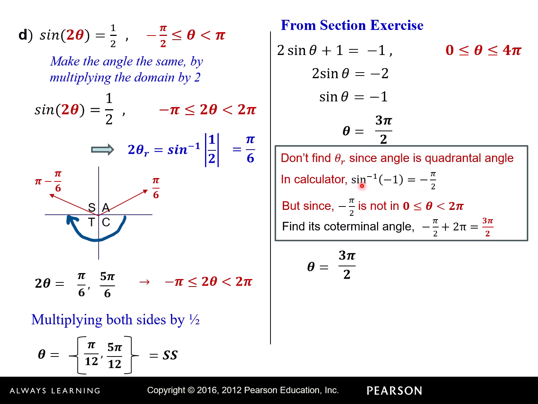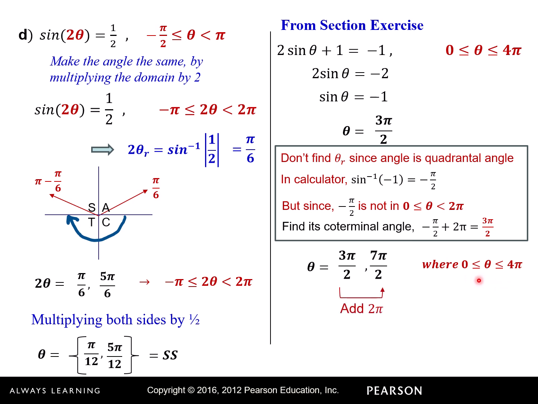And take note, this 3 pi over 2 is only the angle solution from 0 to 2 pi, meaning only in one revolution. So for the second revolution, you will add 2 pi again for the solution from 2 pi to 4 pi. So keep on adding 2 pi because our domain needs to be 0 to 4 pi, not only 0 to 2 pi.